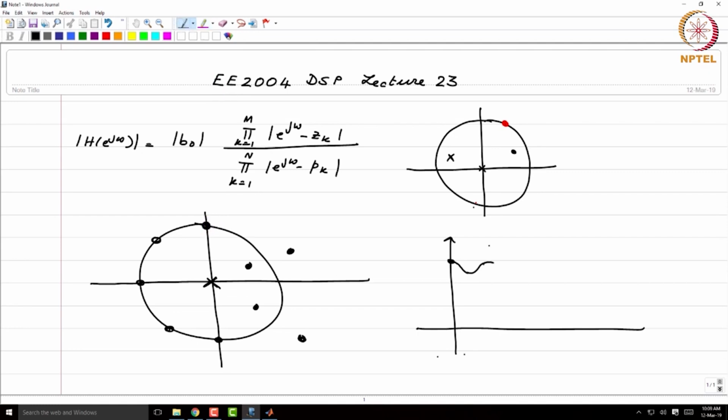So, the response goes down, and when you hit this zero, the response goes to precisely 0, and then when you go past this zero, the response will begin to increase, and again when you approach the next zero, it will have to come down, and hence you can think of the response having this particular behavior. Similar thing happens in this region. So, the response will look like this.